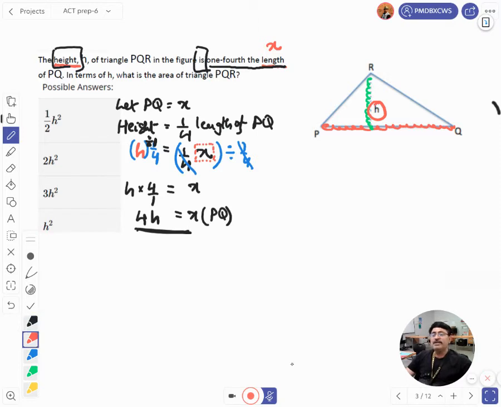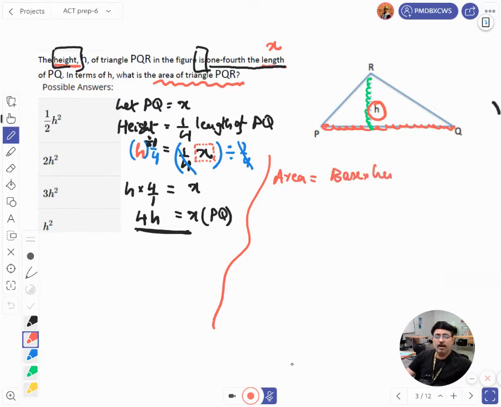Now the question is, what is the area of triangle PQR? You know, area of triangle equals base times height over 2. So what is the base here? I see that the base is PQ here, right? So PQ. What is the height?